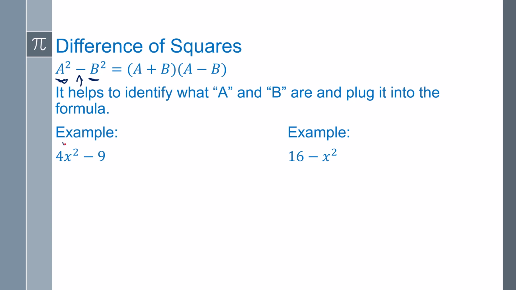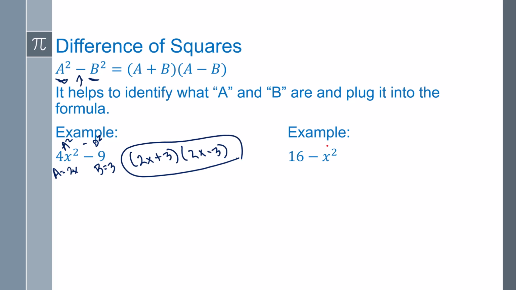So if this is a squared minus b squared, and I identify a, if I take the square root of this, I get 2x, and I take the square root of this, b is going to be 3, I'm going to get a plus b, a minus b.